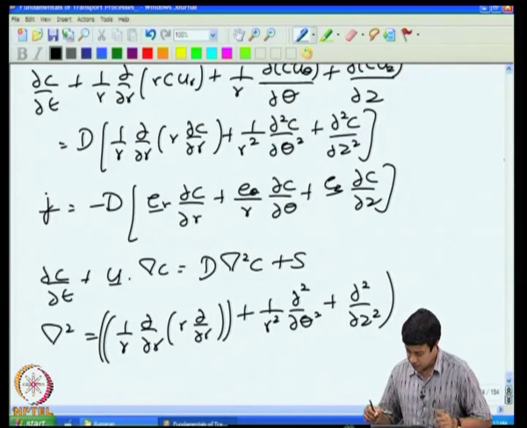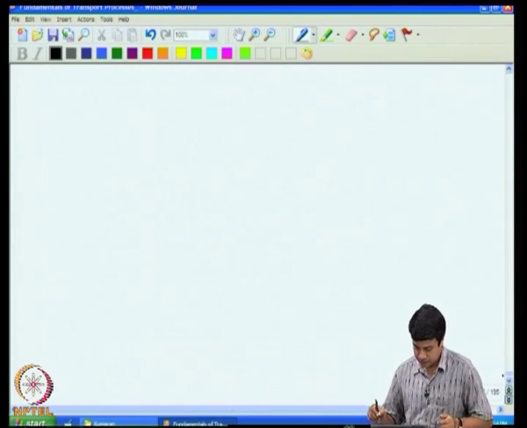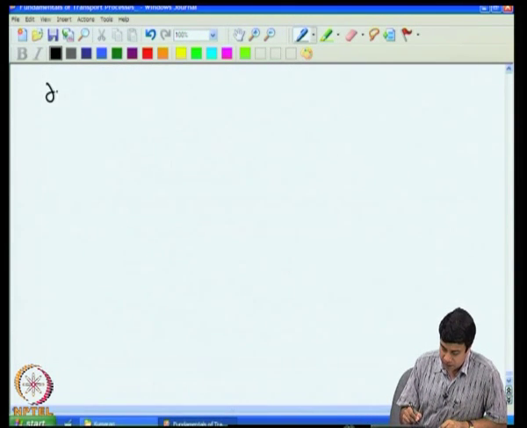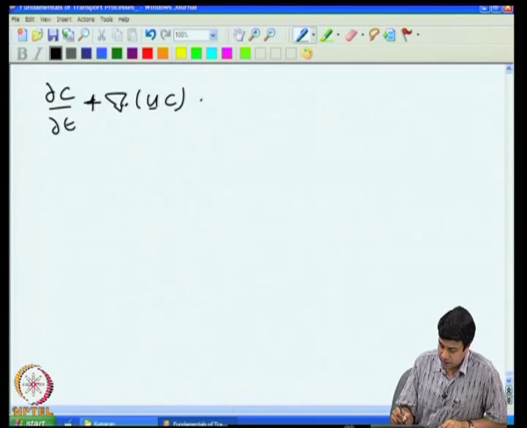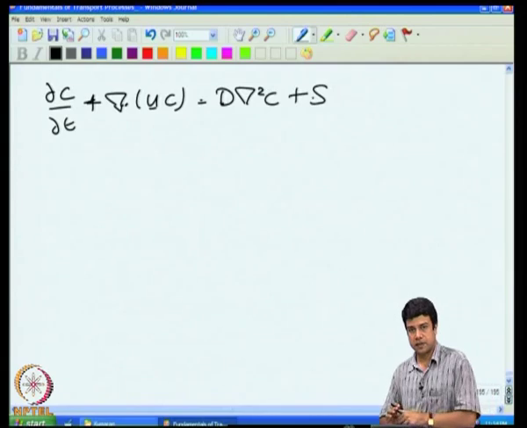So, this is the diffusion equation. Okay. I can write it simply as dc by dt plus divergence of u c is equal to D del square c plus any sources or sinks. Okay.